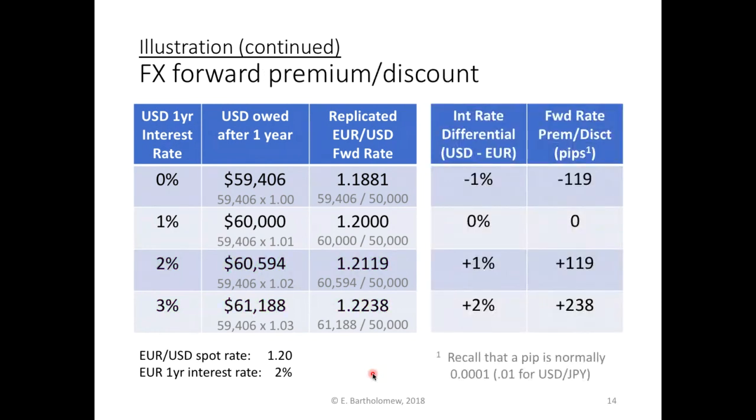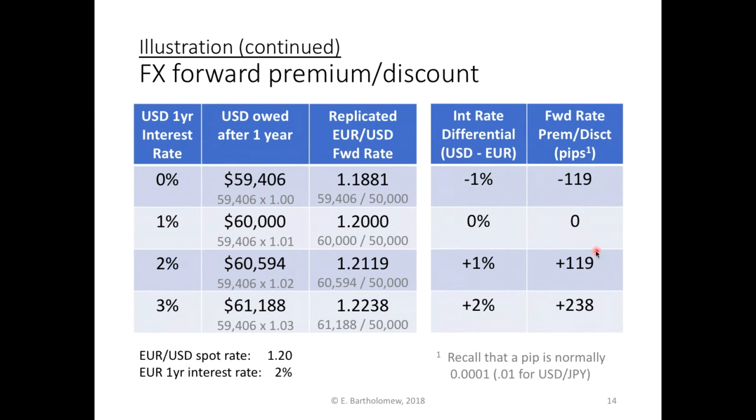Okay, and we can also look at this by directly relating the interest rate differential between dollars and euros. So it could be the same. The dollar rate could be higher. The dollar rate could be less. And then we could look at the forward rate, the premium or discount in pips. So minus 119. Remember, a pip is this fourth decimal place here.